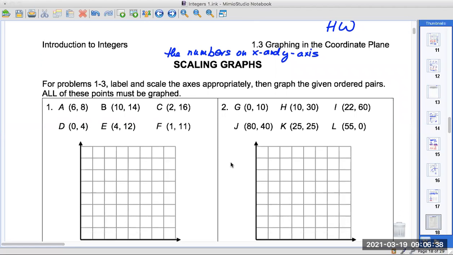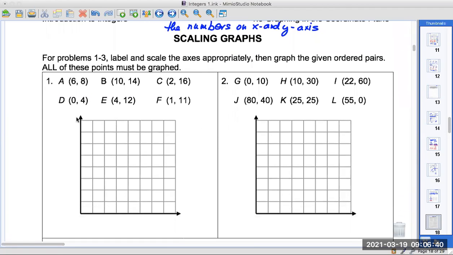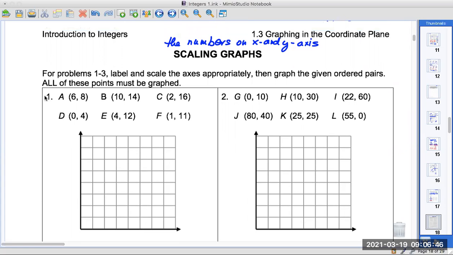Okay, another added difficulty is when you have to decide what numbers you are going to put on the x and y axis. It says for problems 1 to 3, label x and y, and scale the axis appropriately.